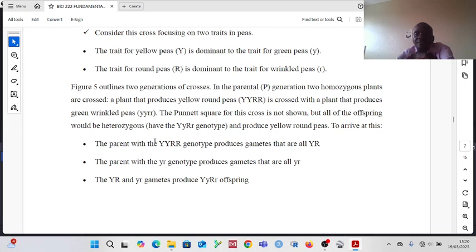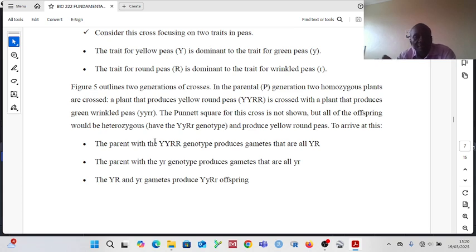So the parent that has yellow peas that are round, a homozygous dominant genotype, will produce gametes that have capital Y, capital R. Then the parent that produces wrinkled green peas must be homozygous recessive, so two small y's, two small r's.